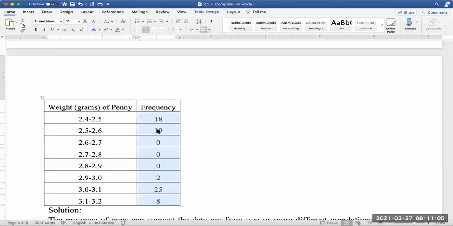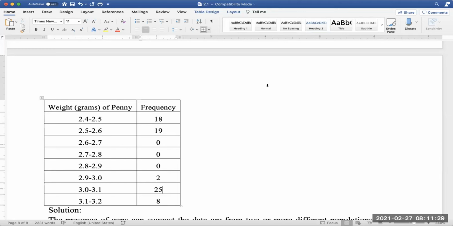would a sample of pennies have a distribution that looks like this? Your distribution goes like this, and then like this. So why would a distribution of pennies look like that?